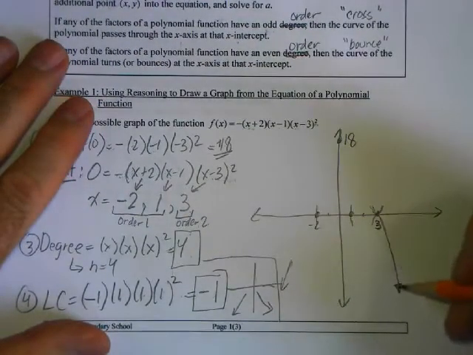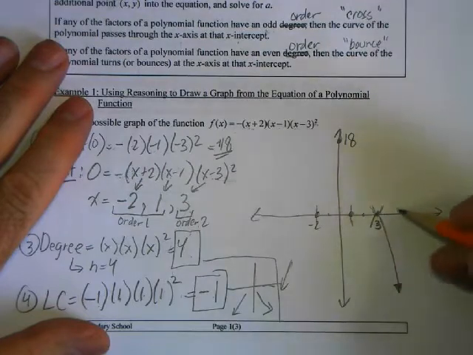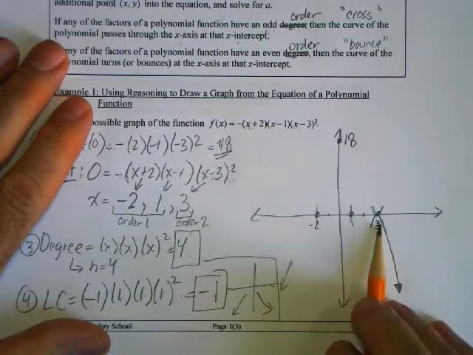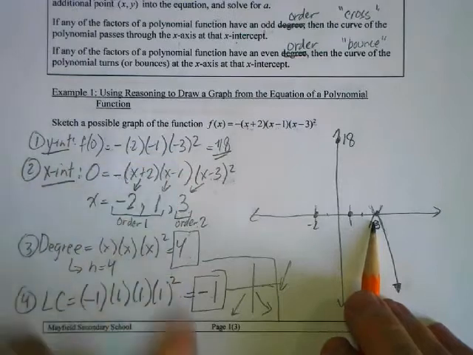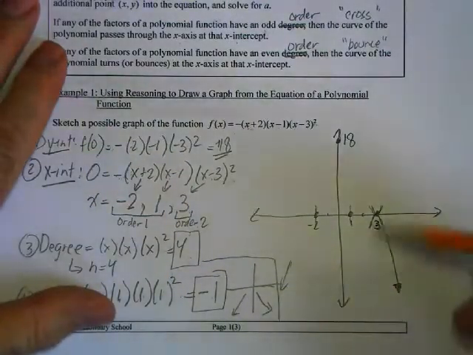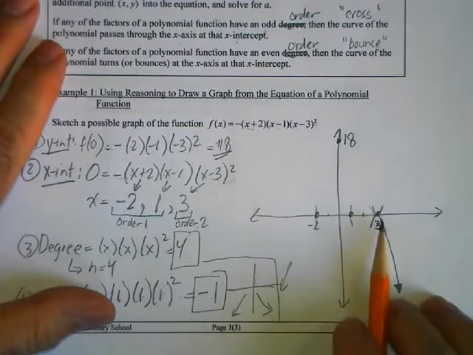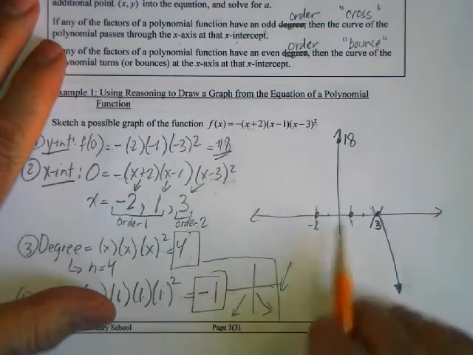I do know it's coming up from here and it's bouncing off that x-intercept at 3, and that tells you that that's an even order because it's bouncing off. So that creates a factor with order 2 or 4, and obviously we know it's 2 because we were given the equation. But you can also tell by looking back at the graph that that factor has an even order. These factors have an odd order because they cross.